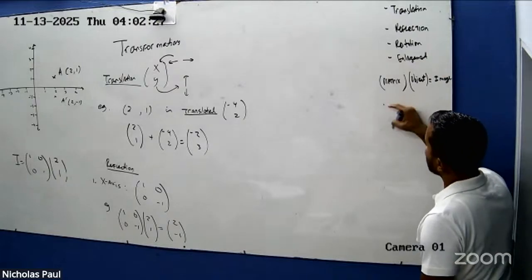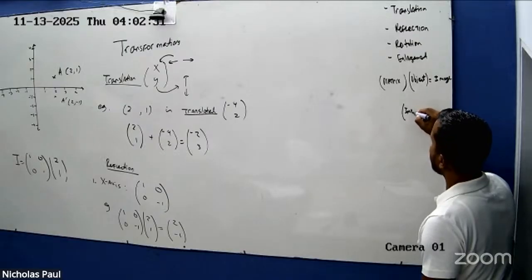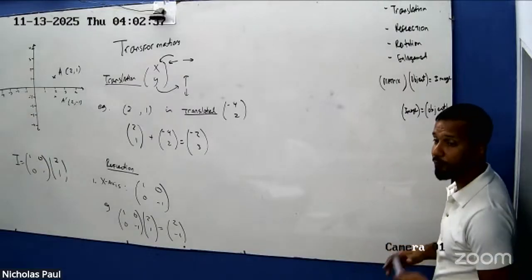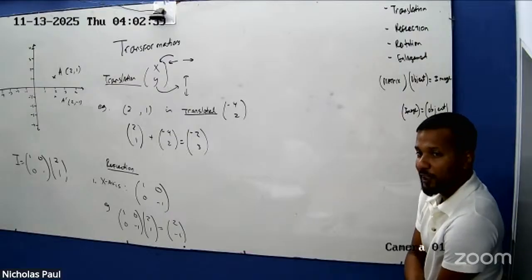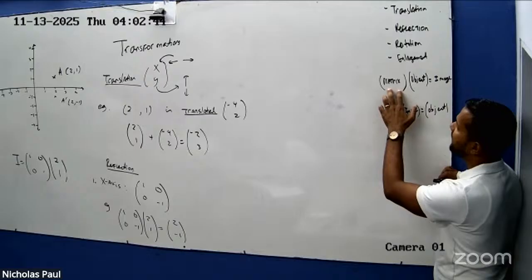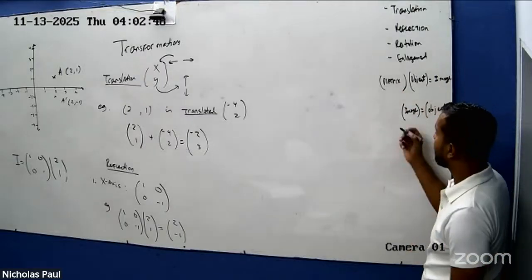My question is, if I give you the image, how are we getting back the object? Divide, okay, and what is that called? So Vishy is saying just carry it underneath and divide. Right? So we call that the inverse.